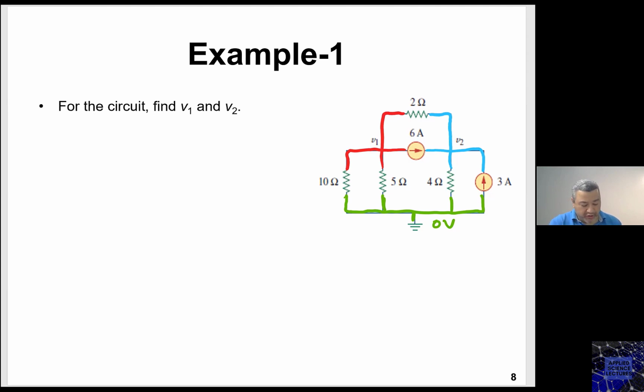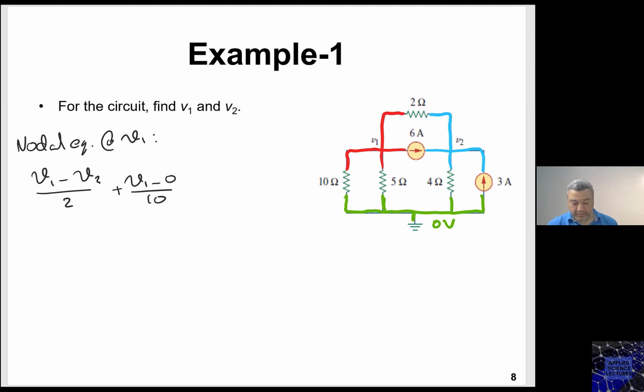So nodal equation at V1: V1 minus V2 over 2 ohms plus V1 minus 0 over 10 ohms plus V1 minus 0 over 5 ohms, and then plus 6A equals 0.